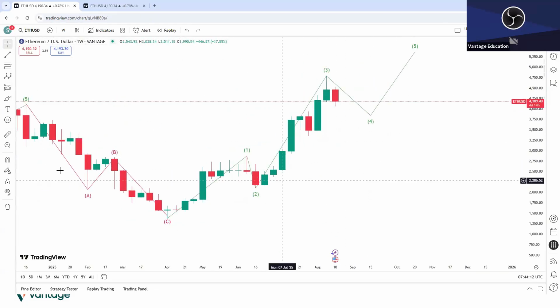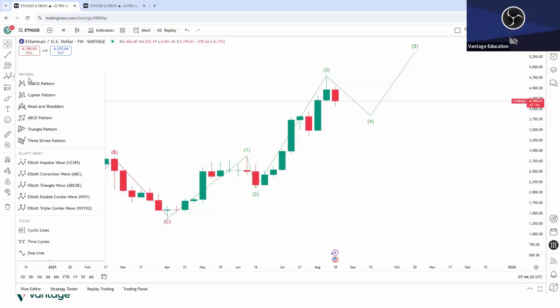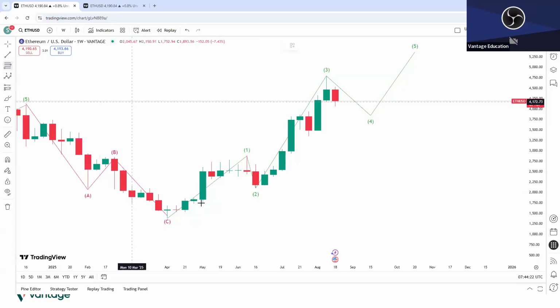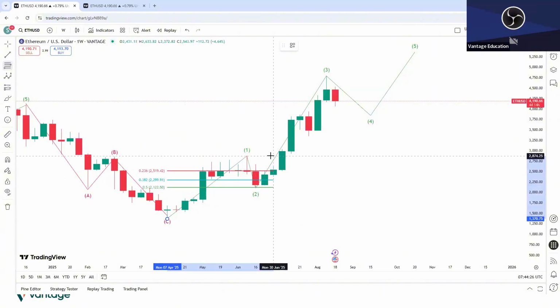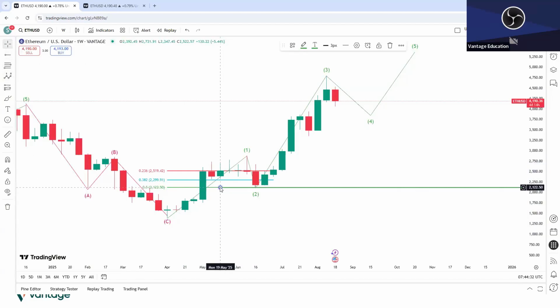Because remember the guidelines? The guidelines say that wave 2 is usually 50% or 61.8% of wave 1. So if I pull the start of wave 1 to the end of wave 1, you can see price stopping exactly at that 50% mark.